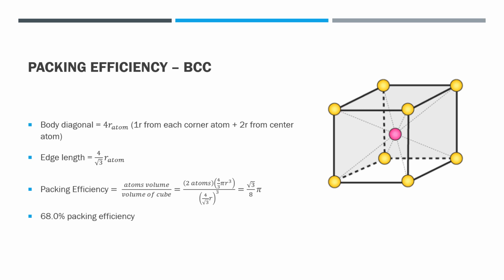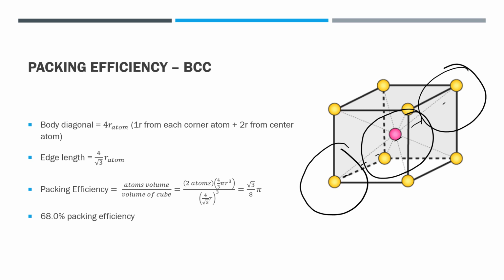In this case, we don't just have the primitive cubic, with atoms stacking side to side, but instead we look at the body diagonal. When we have this body-centered cubic structure, and we want the atoms to be as close as possible together, the body diagonal is where they pack the closest together.